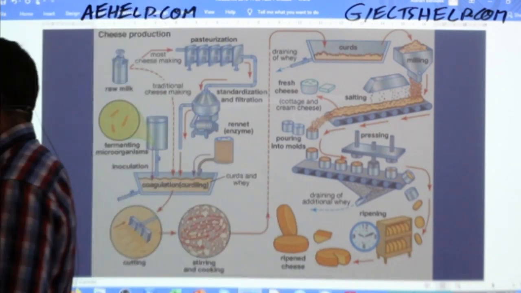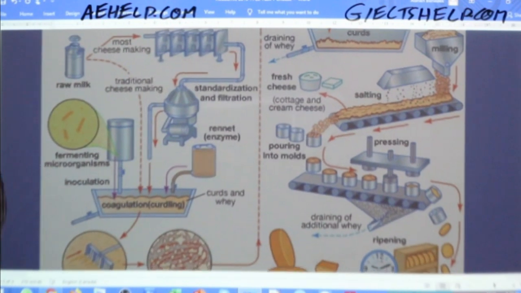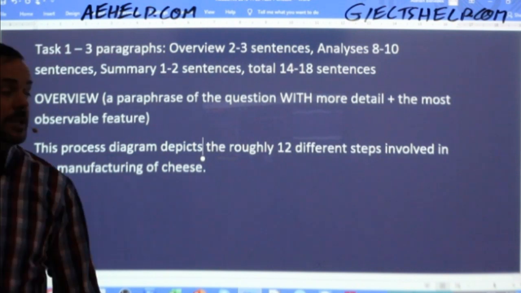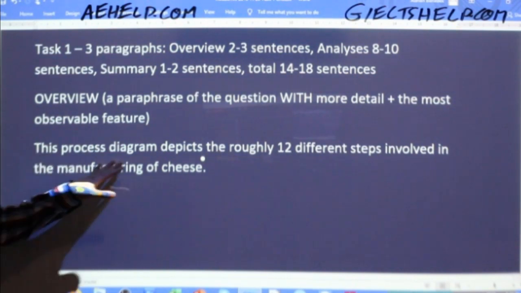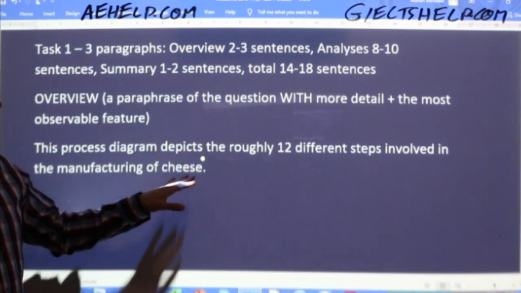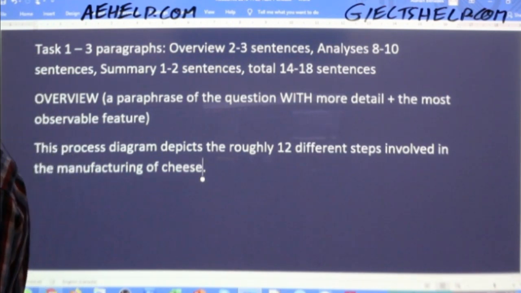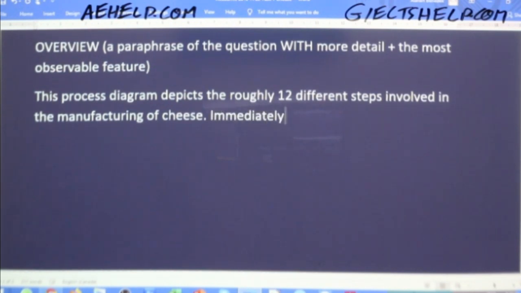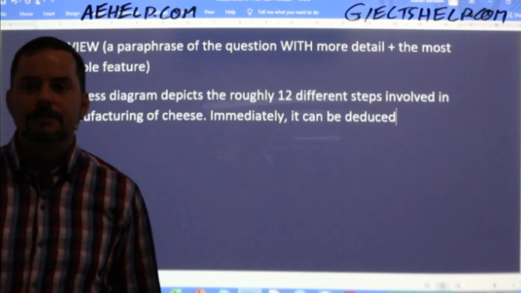Okay. All right, so let's put that together in a nice sentence for the overview. Okay, so again, the overview starts with: this process diagram depicts the roughly 12 different steps involved in the manufacturing of cheese. Immediately, it can be deduced. Deduced means understood.